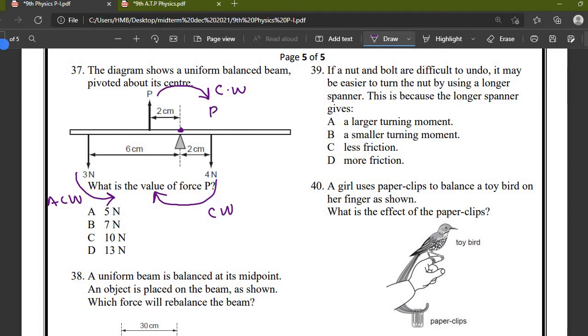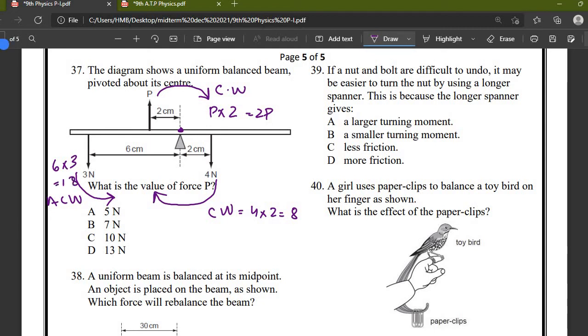The clockwise torque of P will be equal to P multiplied by 2, that is 2P. The other torque will be equal to 4 multiplied by 2, that is 8, and the anti-clockwise torque will be equal to 6 multiplied by 3 equals 18.